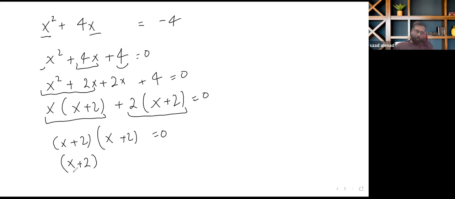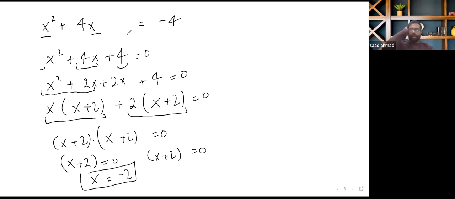This is called the zero product property: when we get multiple factors which are equal to 0, we can write them equal to 0 one by one. As it is the same thing, we don't need to write it twice. So x plus 2 equals 0, so x equals -2. That's how we can solve them. And this one is an equation for a parabola. So these are the one variable equations.